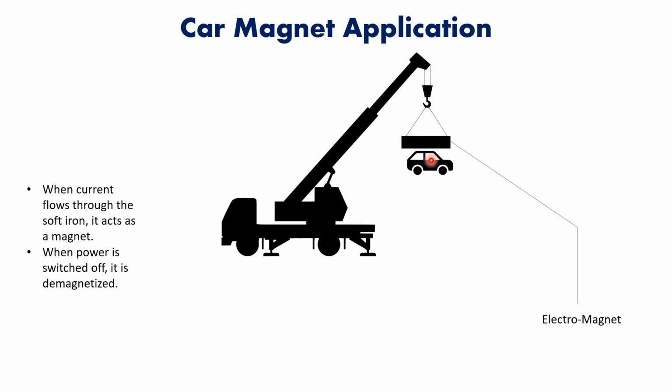Normally, if you magnetize a car, it would be so strong that you could never demagnetize it. But they usually use electromagnets because they can easily be magnetized and demagnetized. So once you're done moving it, you just switch off the power source, and the car simply gently falls to the ground.